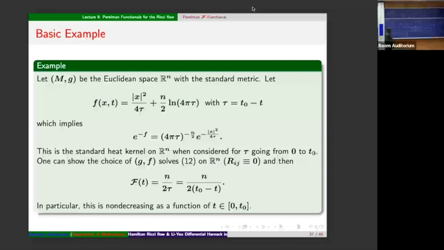So this energy is equal to n over 2 tau, that is, n over 2(t naught minus t). Particularly, this is not decreasing as a function of t in this interval. So that is an example on R^n. The heat kernel still makes this optimal, just like the Li-Yau Harnack inequality and Hamilton's Harnack inequality on R^n.